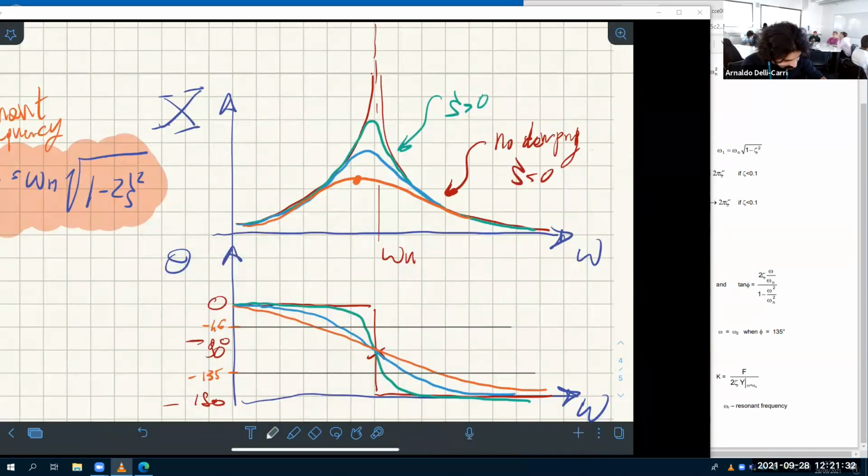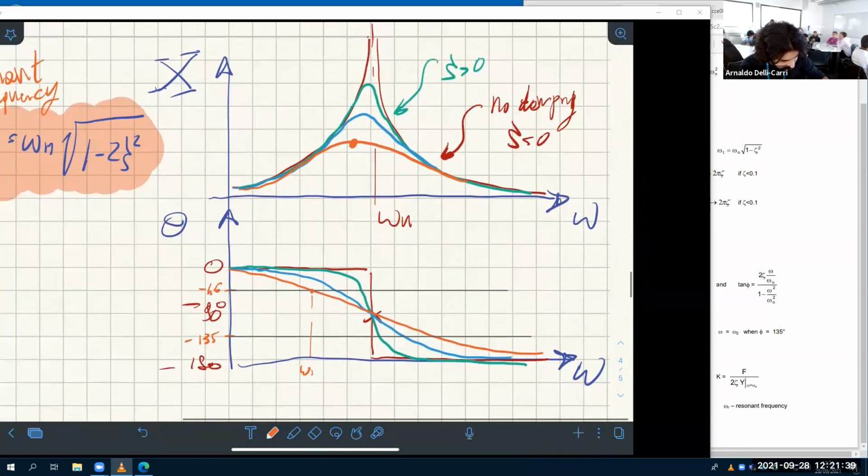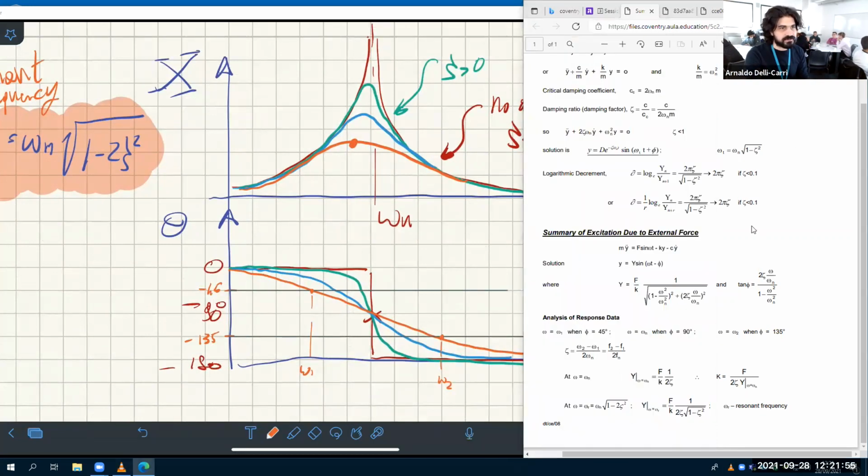So these two omegas, which are changing with damping, look, this omega here, omega 1, and this omega here, omega 2, they define how much the peak is shallow or not. Okay, so if you take this omega 2 minus omega 1 divided by 2 omega n, it gives you an estimate of zeta.